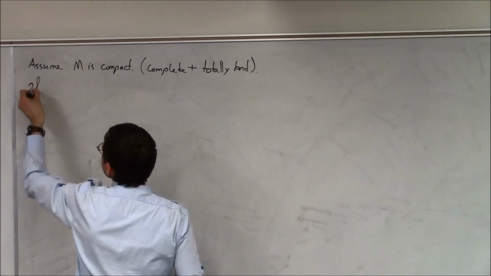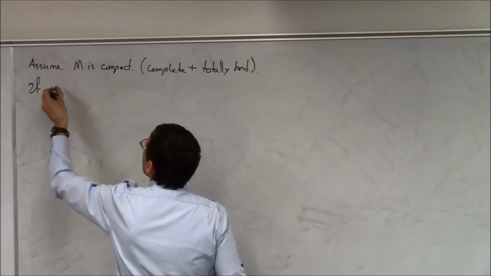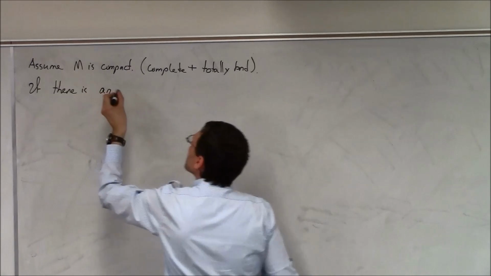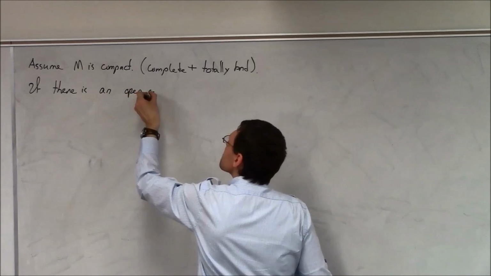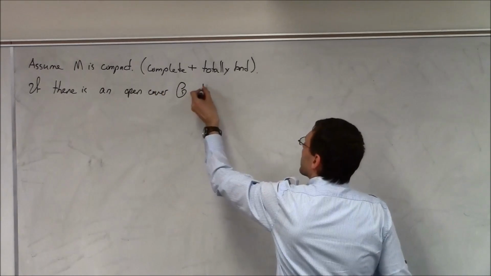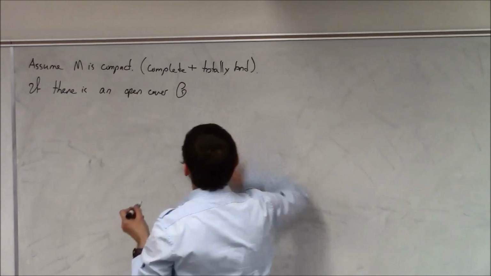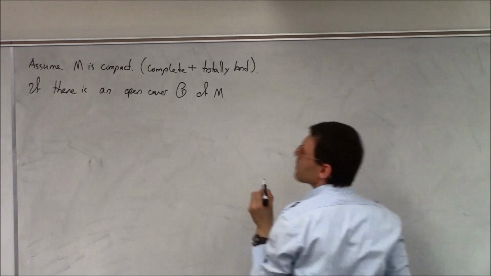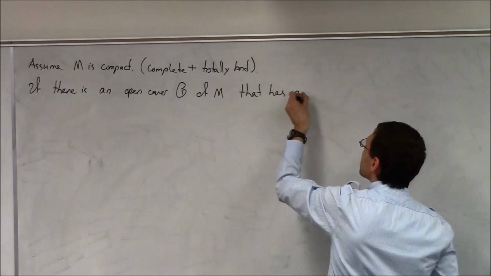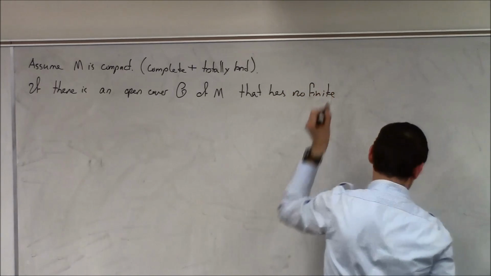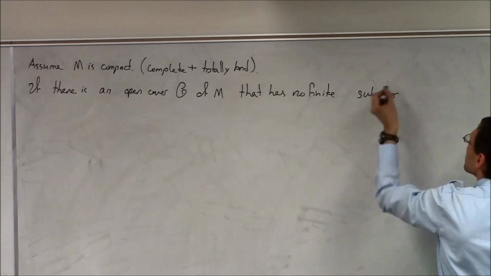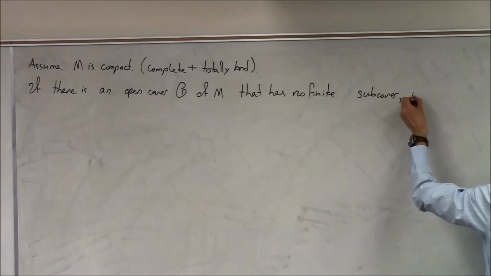If there is an open cover G of M that has no finite subcover, we will derive a contradiction.